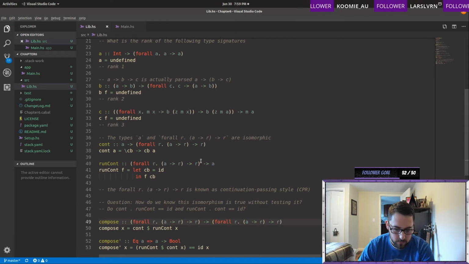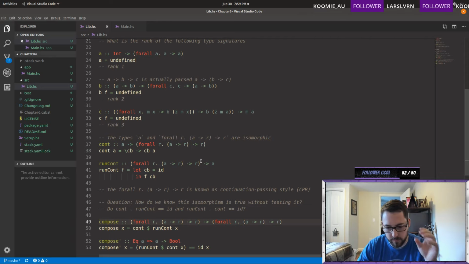Can we? Yeah, but it wouldn't make sense to equate those things, right? We need to turn this into an R.